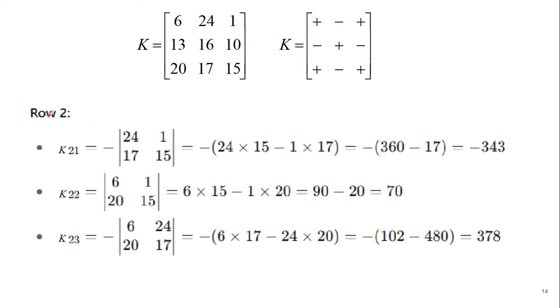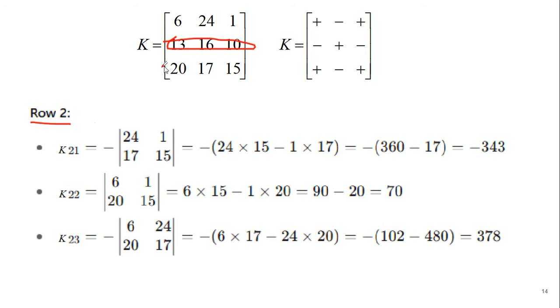Next we will calculate row 2. For row 2 we take the signs minus, plus and minus. Now we will take the first minus. We will skip the first, so 24 into 15 minus 17 into 1, and our sign is minus.